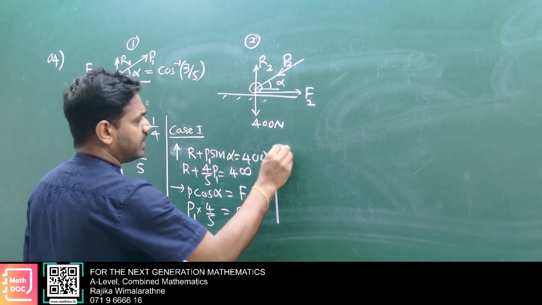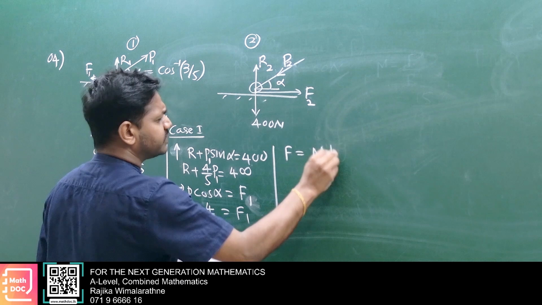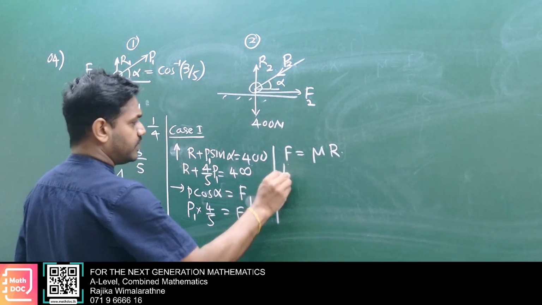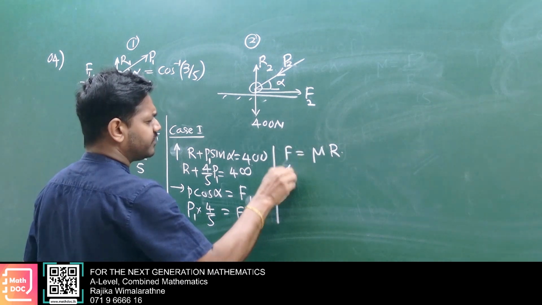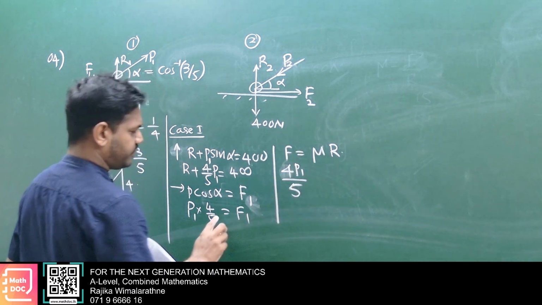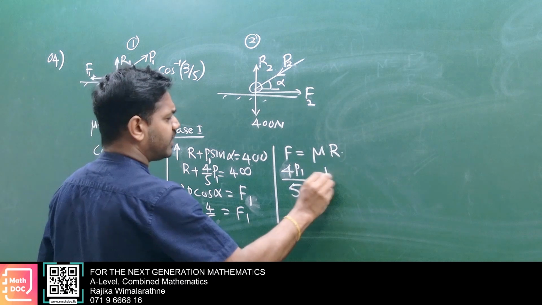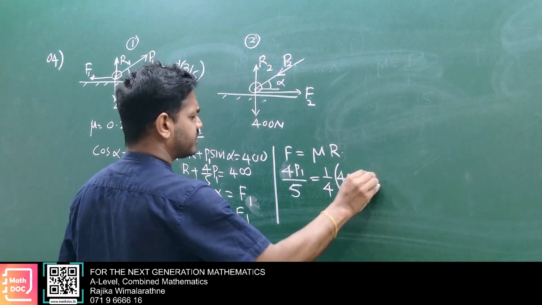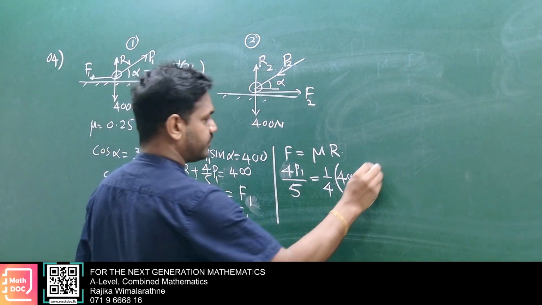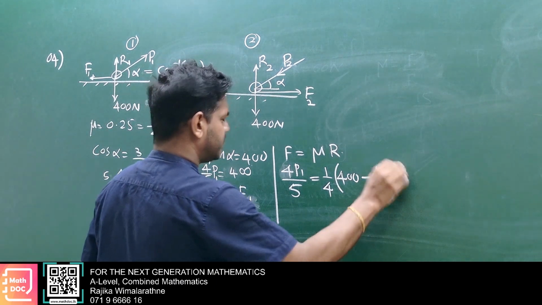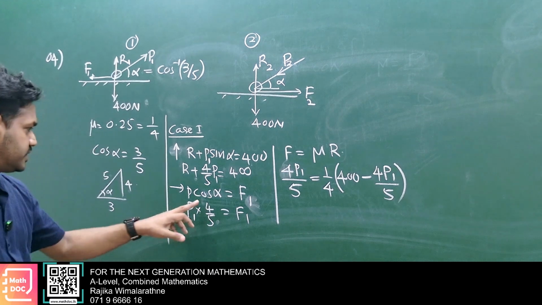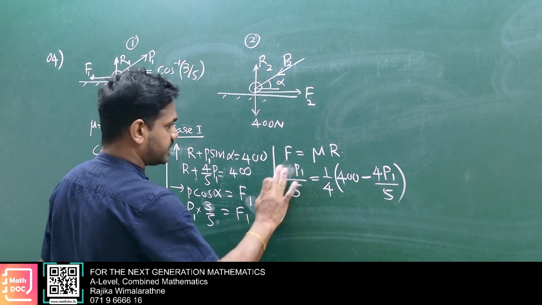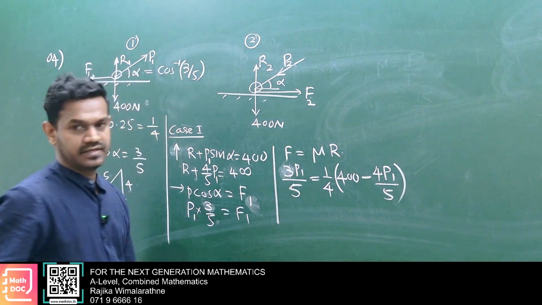Then F equals mu R, so take F equals mu R. Then F1 value is 3P1/5. Mu is 1/4, R is 400 minus 4P1/5. Check it again: cos alpha 3/5. Now we can find the P1 value.